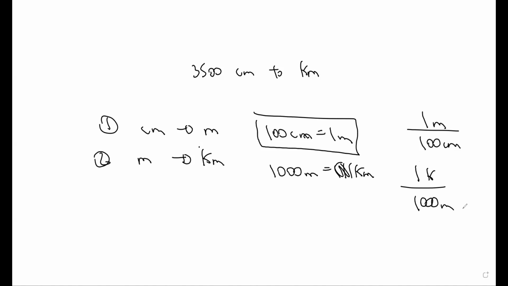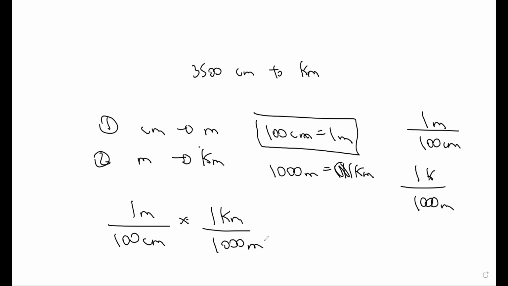And then what you could do is take these two fractions and multiply them together, and that will give you a fraction that directly takes you from centimeters to kilometers. So let's do some fraction multiplication, the same way that we did in chapter 1. 1 meter over 100 centimeters times 1 kilometer over 1,000 meters.